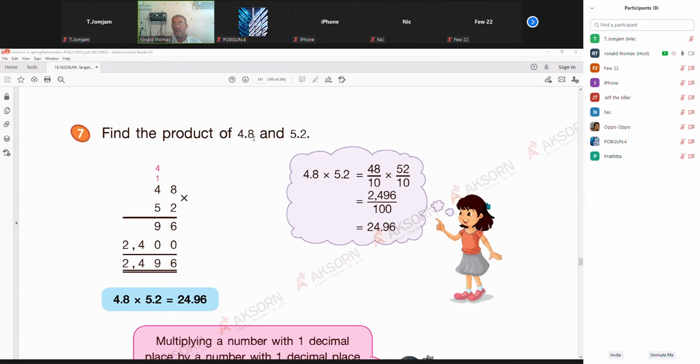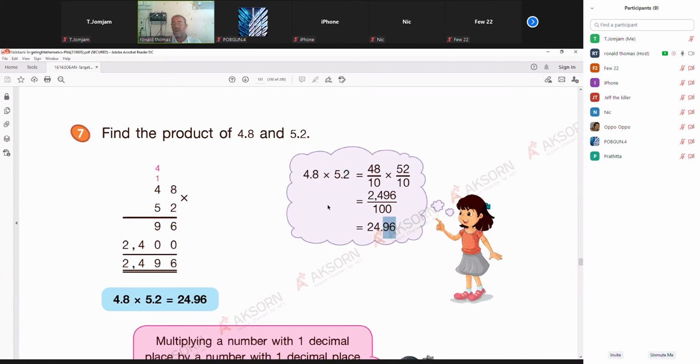But when we multiply with a decimal, 4.8 multiplied by 5.2, please remember there will be 2 decimal places in the answer.